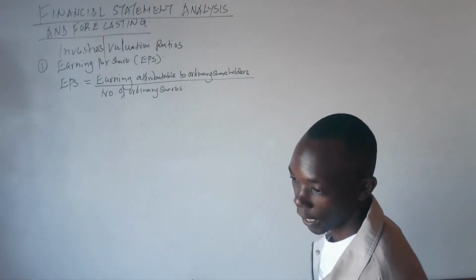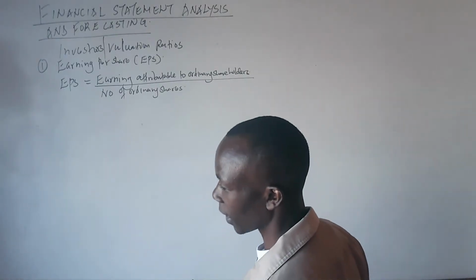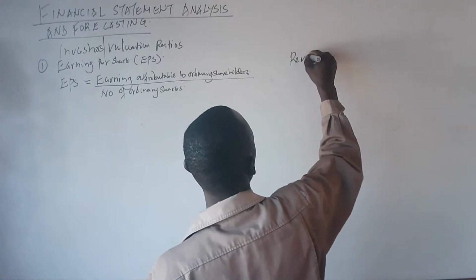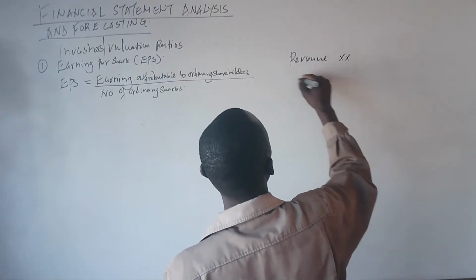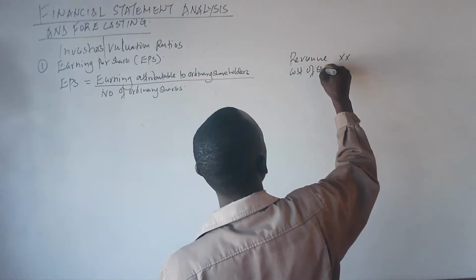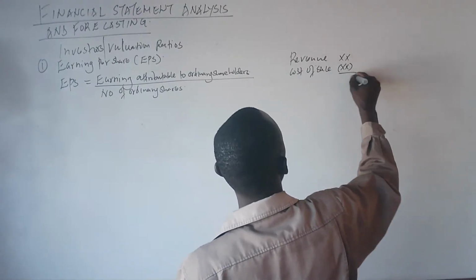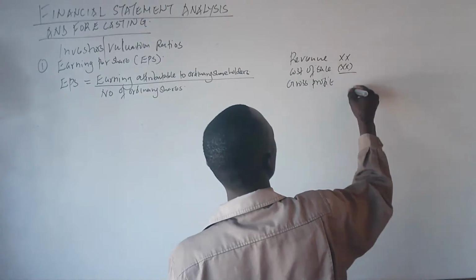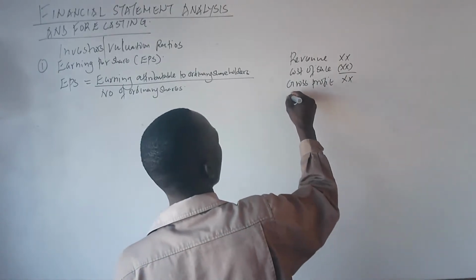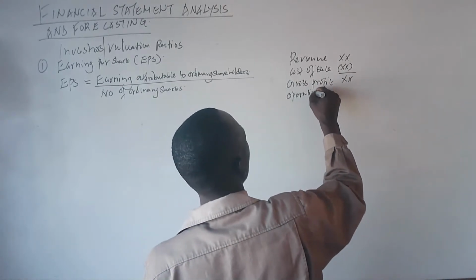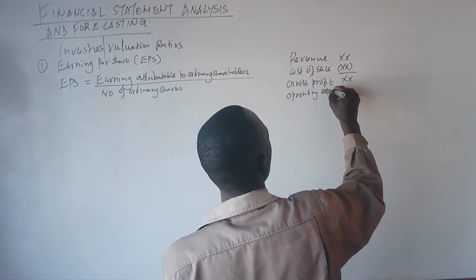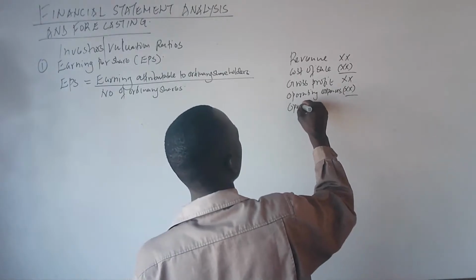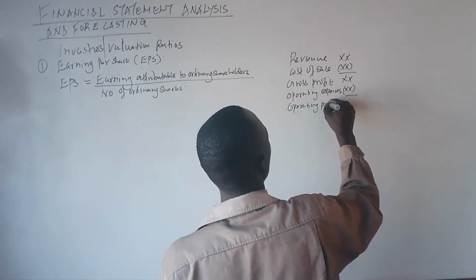Remember, we have talked about the income statement, and our income statement looks like this, where we have the revenue. Then from there you raise the cost of sales. Once you raise the cost of sales, you get the gross profit. Once you get the gross profit, you raise the operating expenses, and you get the operating profit.